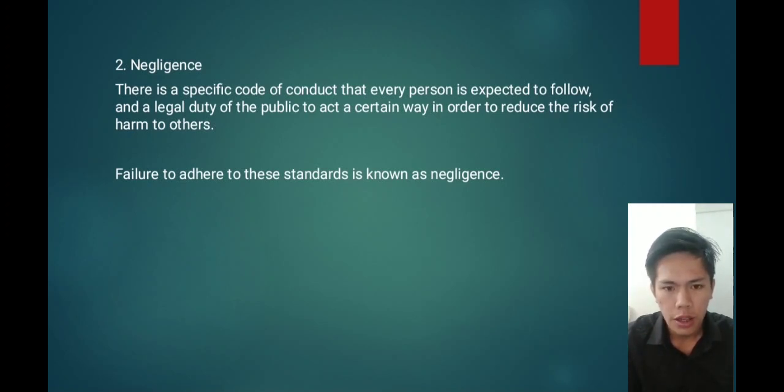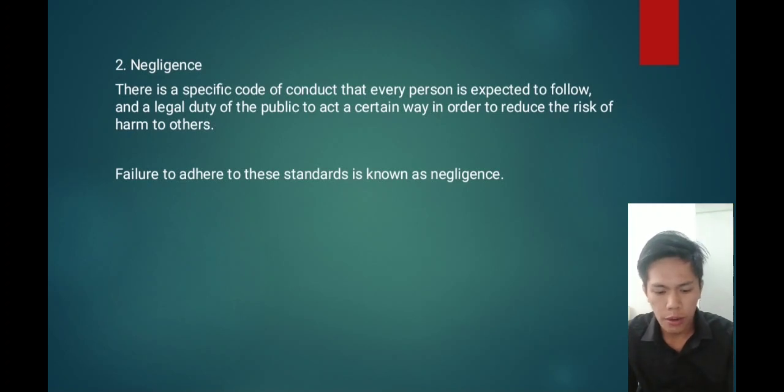Negligence. There is a specific code of conduct that every person is expected to follow, and a legal duty to the public to act a certain way in order to reduce the risk of harm to others. Failure to adhere to this standard is a breach of negligence.